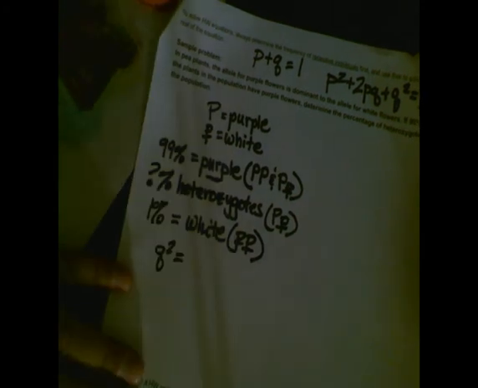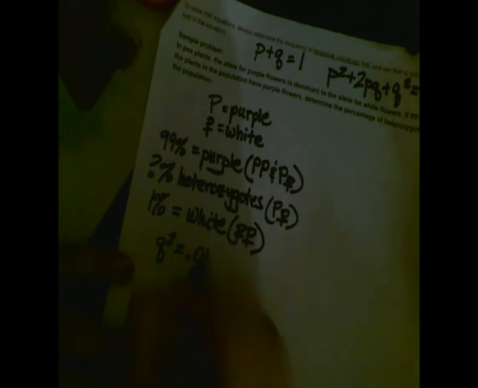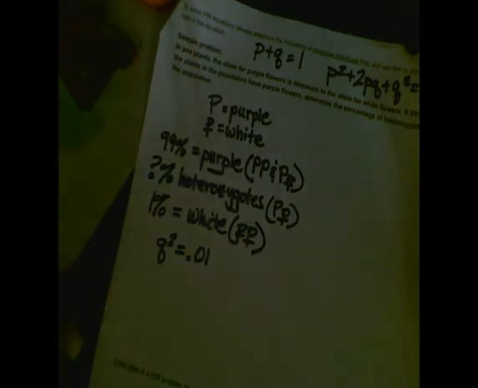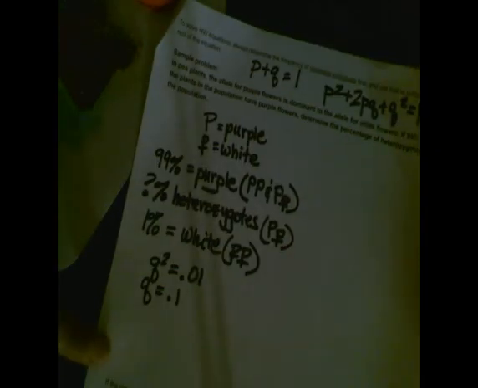And when we do that, we are going to put that in a decimal, so 0.01 in this case. And that is Q squared. So to take the square root, it would be 0.1. So Q is equal to 0.1.